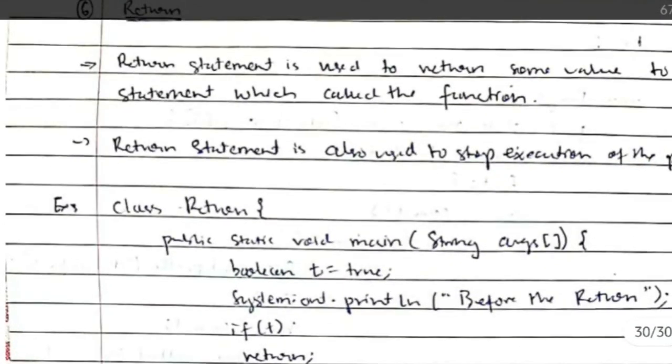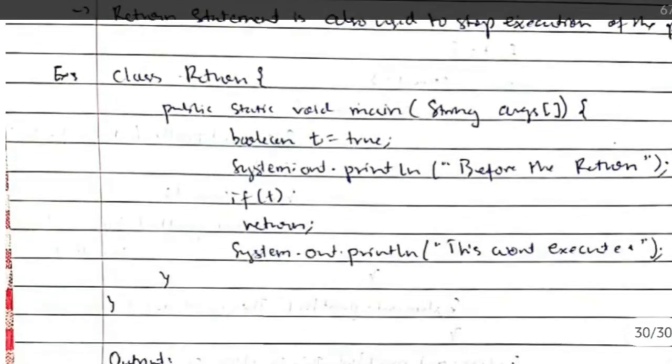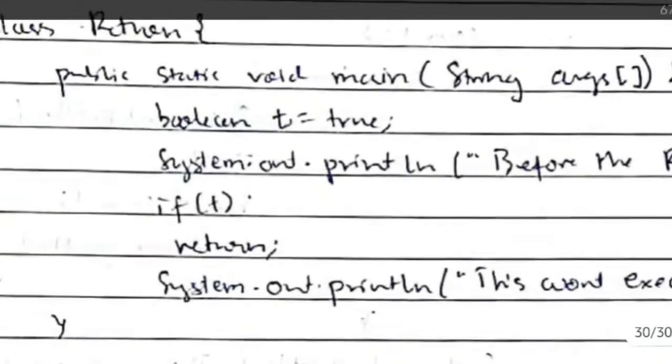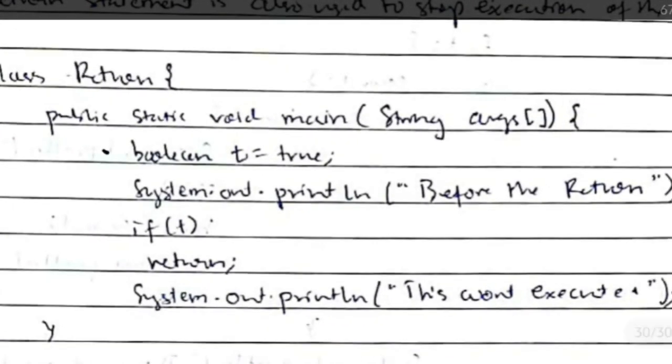The second use of the return statement is for stopping the execution of the program. It's usually written at the end of the program, but if you want to stop the program in the middle of its execution, that can also be done by using the return statement based on a condition. See here, in this main function I have written boolean t and defined t to be true.